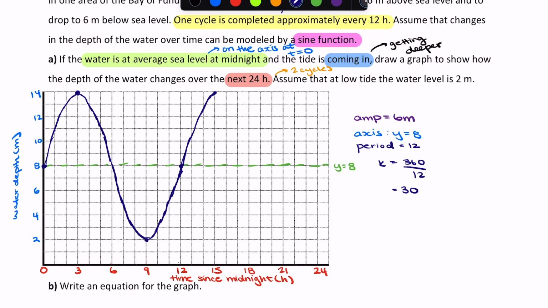Then at 18, it's back to the axis. At 21, back to the minimum. And then finally at 24, it goes back to the axis here. And so that represents our 2 cycles.